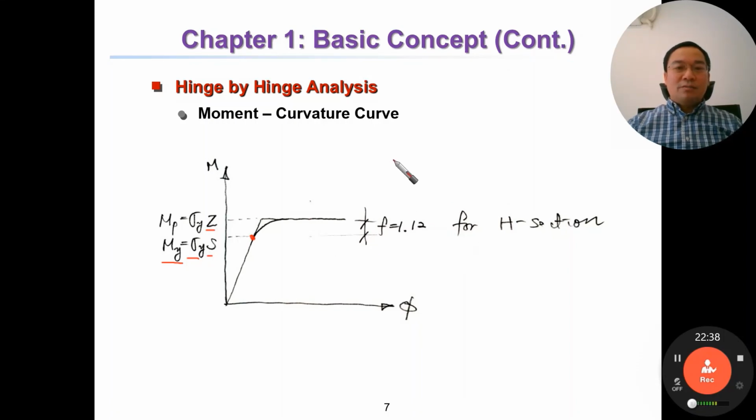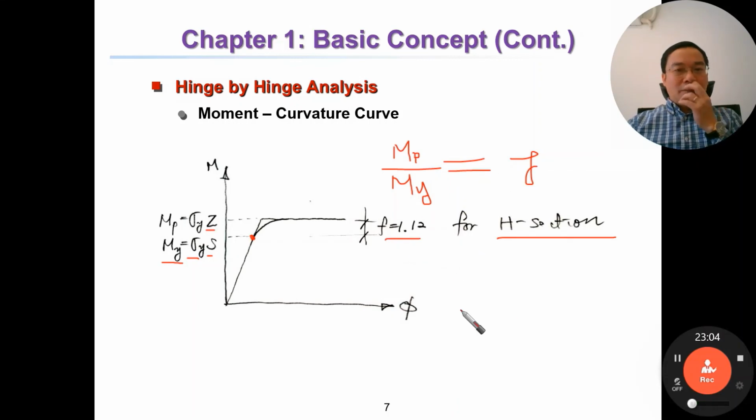Then the ratio between the plastic moment and elastic moment is called the shape factor F, and F equal to 1.12 for H section or I section. For a rectangular section it is maybe 1.7 something. We have different ratios between Mp and My for different sections.